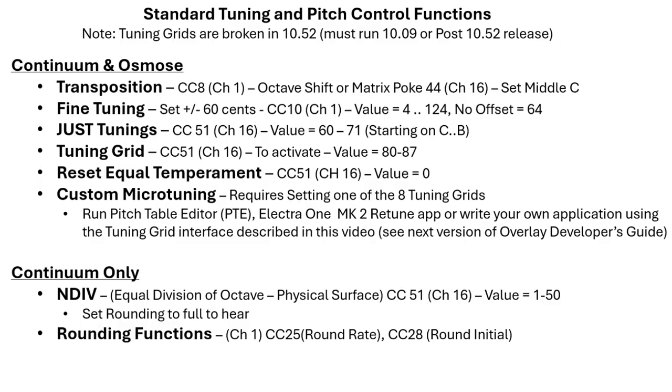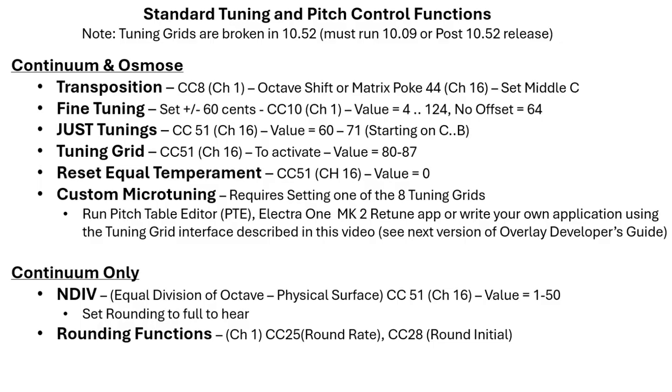This is not really supported on the Osmos or on the Continuum directly, but you can program it yourself using CC8, the octave shift CC, or you can do now a matrix poke using an overlay matrix operation that resets middle C. This operation is also available in the editor where you can reposition middle C.